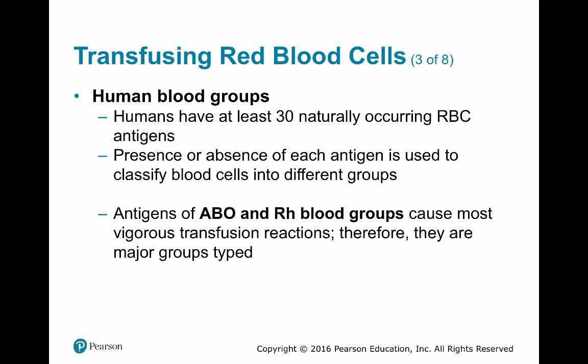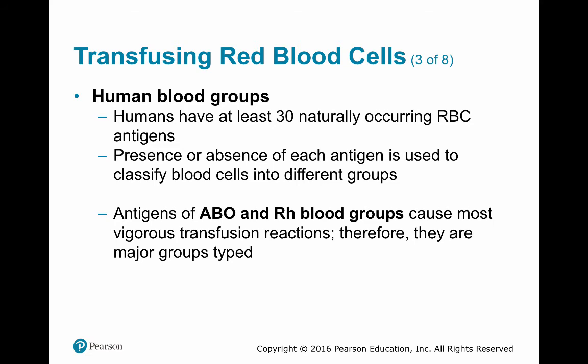So human blood groups, there are at least 30 naturally occurring red blood cell antigens. Presence or absence of each antigen is used to classify blood cells into different groups. And if you remember, the antigen is a particular protein binding site that's on the outside of red blood cells.